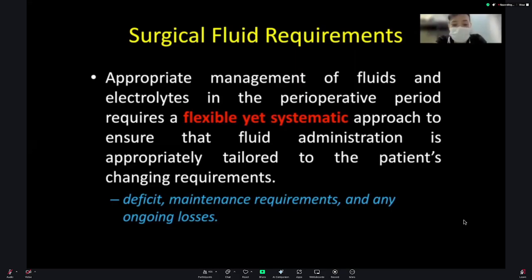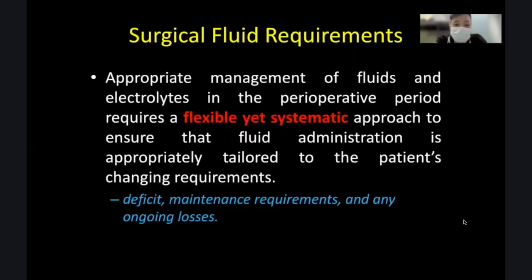And the fluid requirements should take into consideration the following: deficit, maintenance requirements, and any ongoing losses.